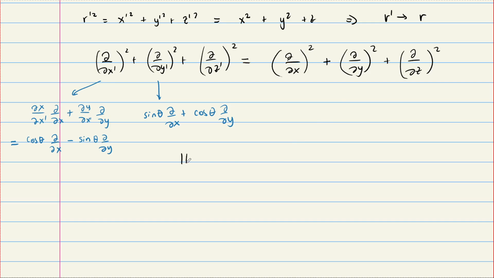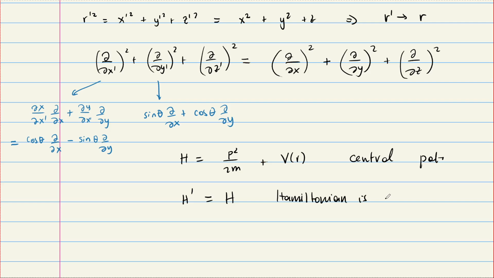Therefore, if we have a Hamiltonian like p squared over 2m plus V of r, so this is like a central potential, that means H in the new coordinates, H prime, is equal to H. So the Hamiltonian is also rotationally invariant.